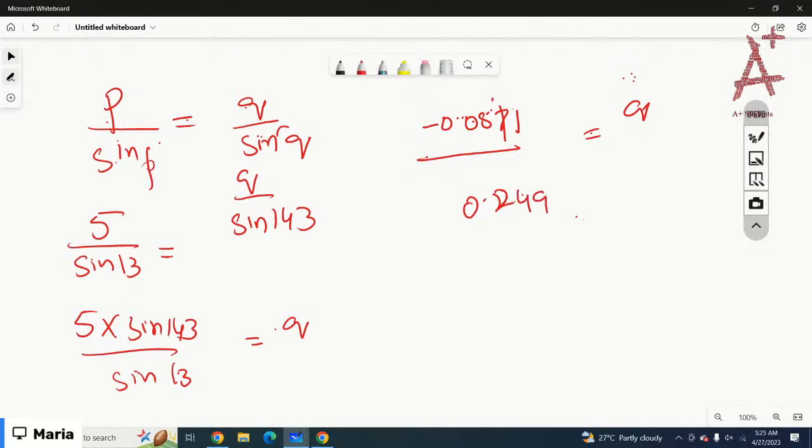Let's just divide. It would be negative 0.0871 divided by 0.2249. It would be negative 0.238.